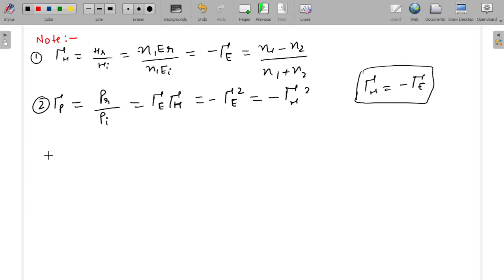This is the second note point. Third note point: transmission coefficient is 1 plus reflection coefficient for E and H.